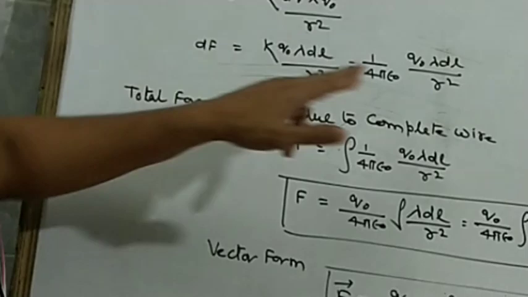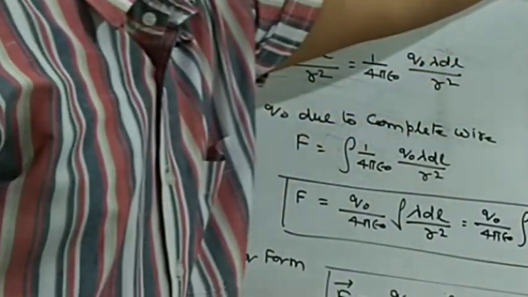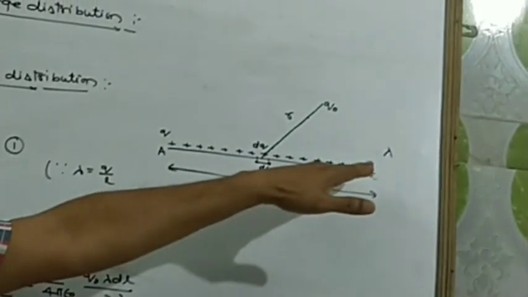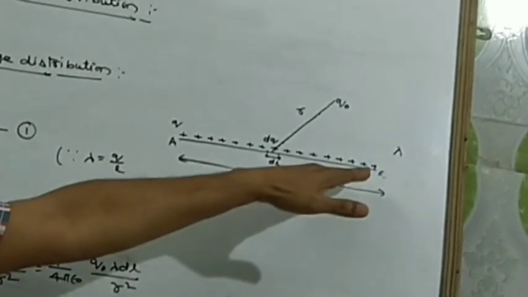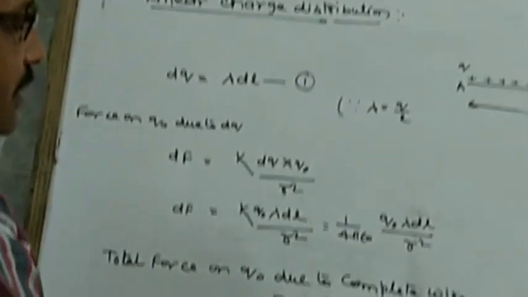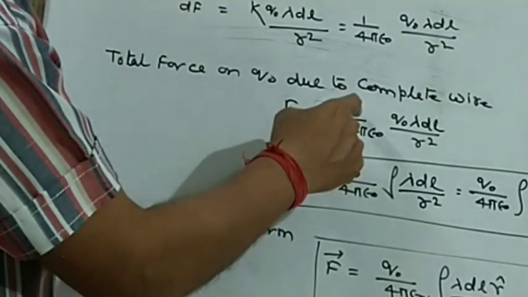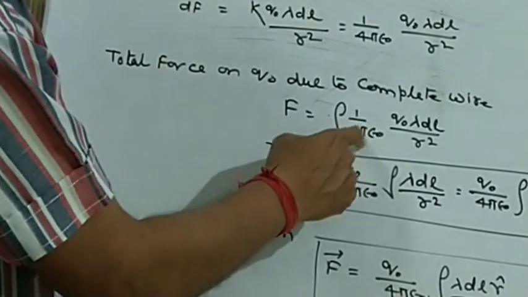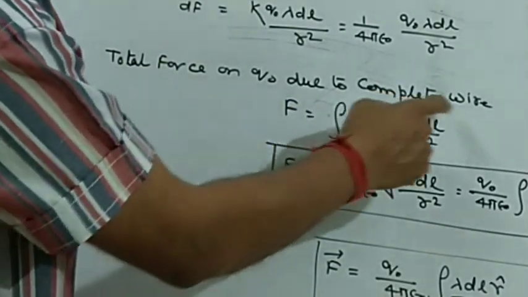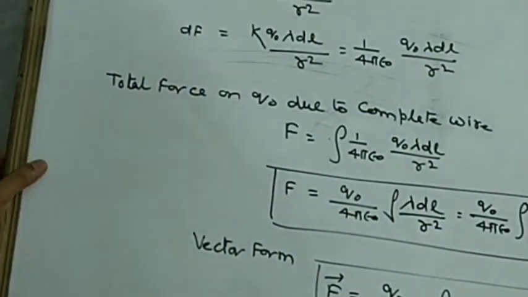Now we have to find out the force on q naught due to the complete line charge or complete linear charge distribution. So this force F will be equal to the integration of this force. F will be equal to integration of 1 upon 4 pi epsilon naught q naught into lambda dl upon r square.